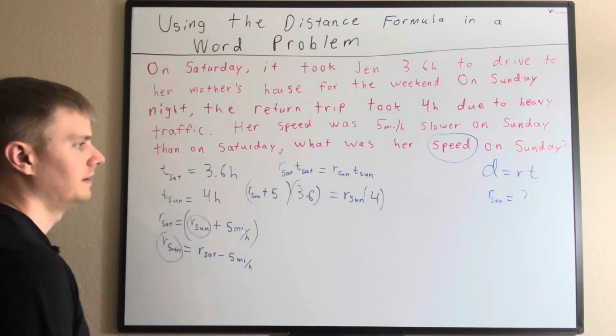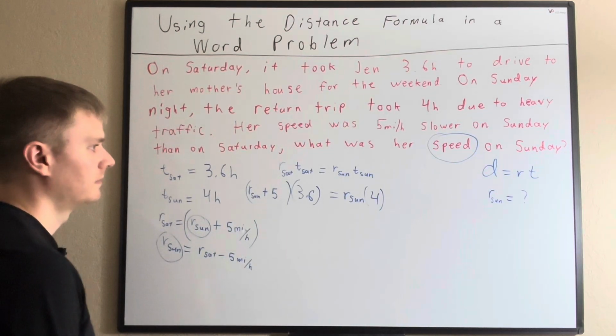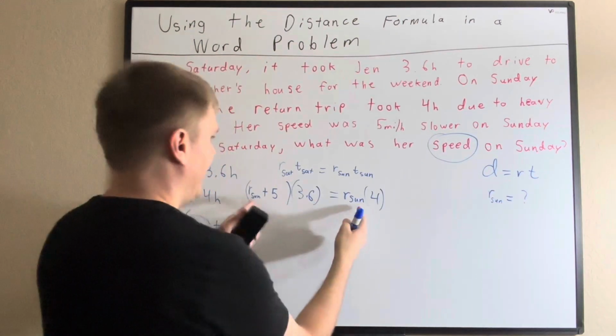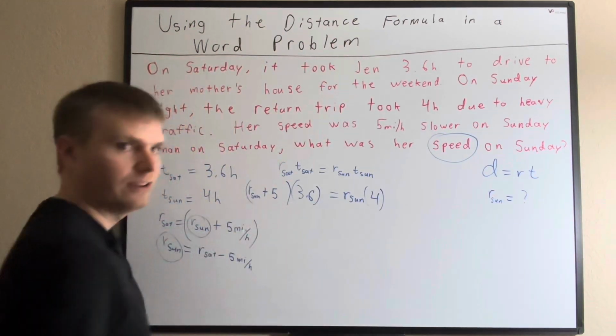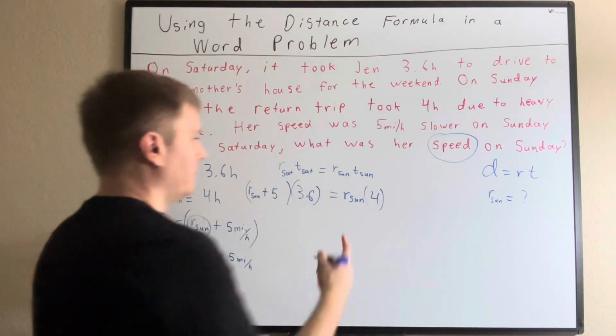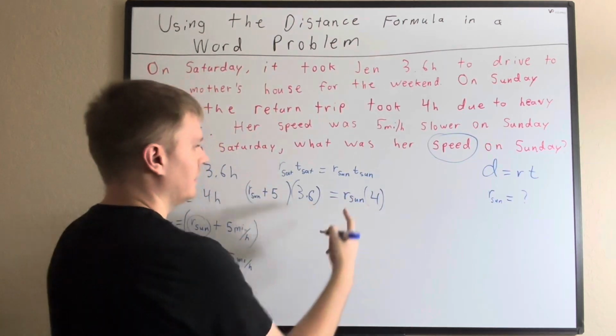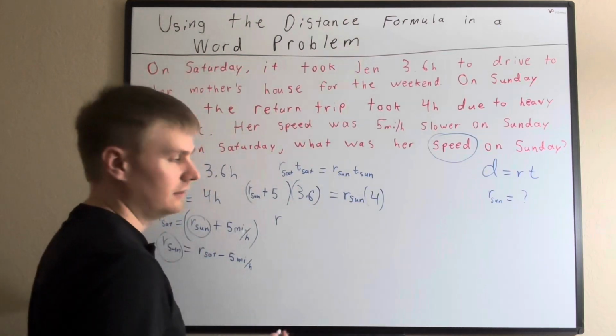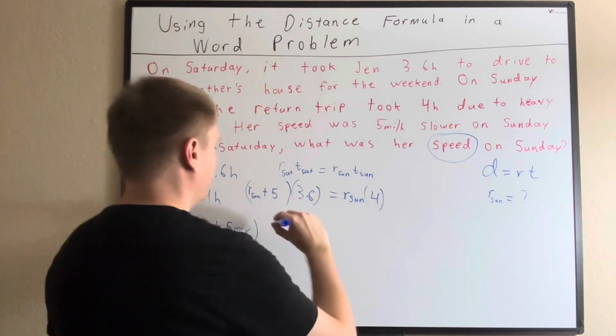Okay. Well, now all it is just algebra, right? We just got to isolate the variable that we're searching for. And we don't even have to have that R sun in there anymore. We could just say it's R, just to make it faster on us.